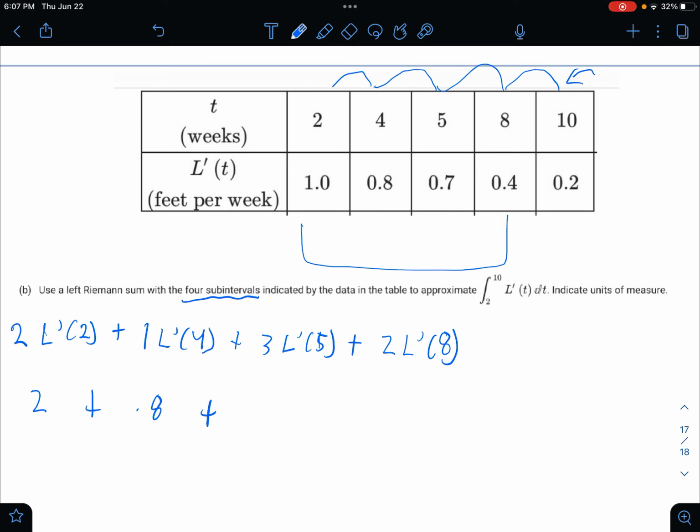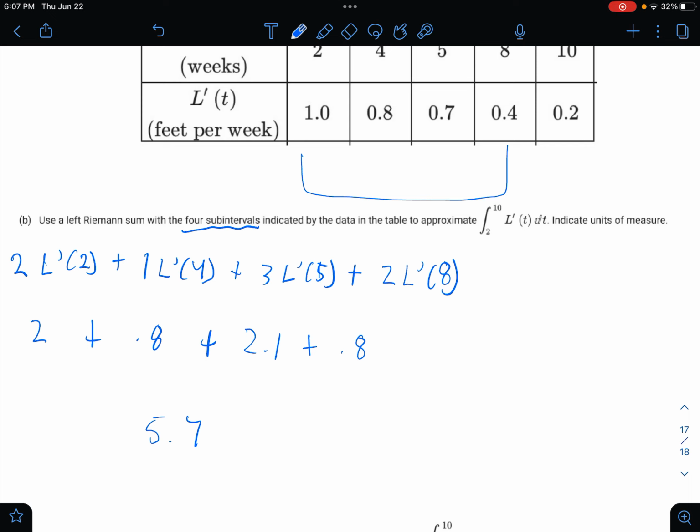We get 2.1. We add 2 times L prime of 8. So 2 times 0.4 is 0.8. Okay, now we've got all of our values. Let's add them up. So 2 plus 0.8 plus 2.1 plus 0.8 is 5.7.